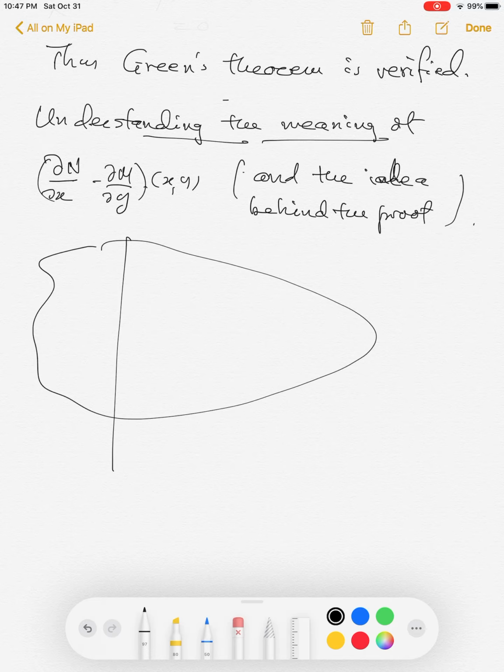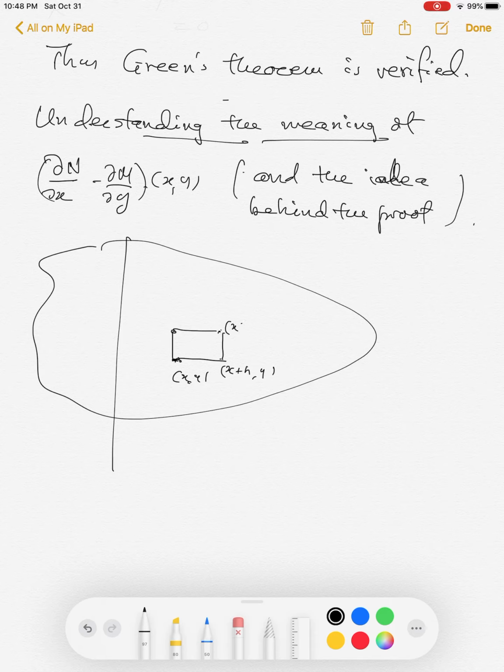So you have a region and you have a curve, and we are now going to see what this quantity turns out to be. Let's take any typical point (x, y) in the region R, and let's take a little tiny rectangle.